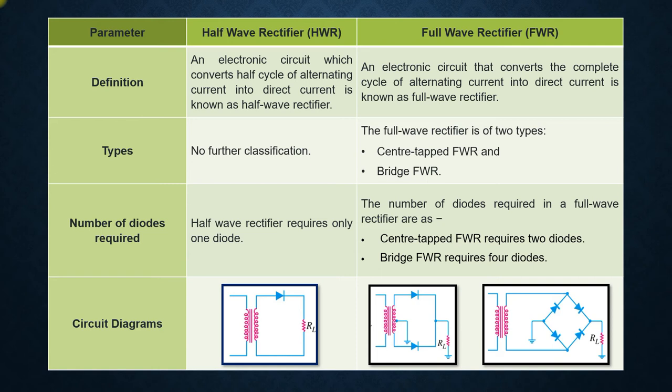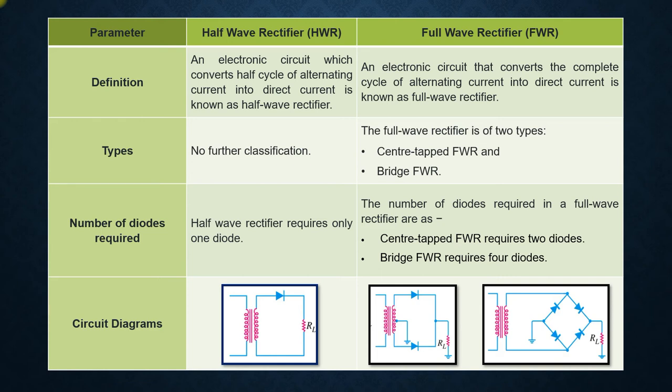Coming to number of diodes required. In half wave rectifier only one diode is required, as we can see in the circuit diagram. Coming to full wave rectifier, we should definitely have two diodes, one diode for the positive half cycle and a second diode for the negative half cycle.